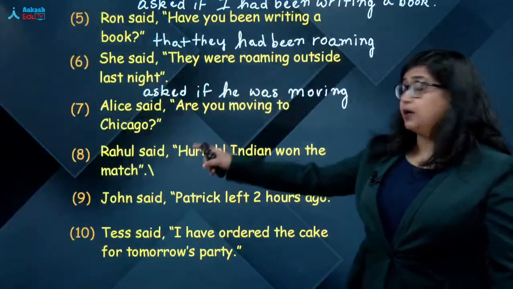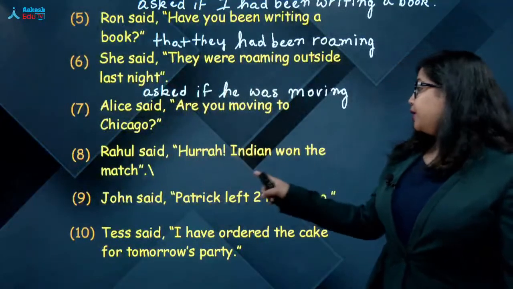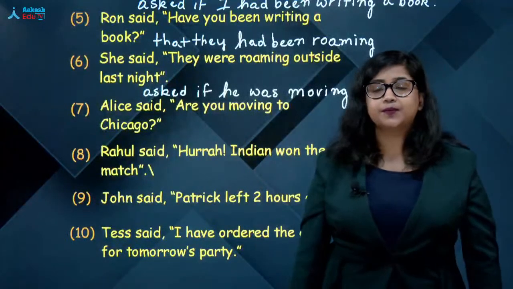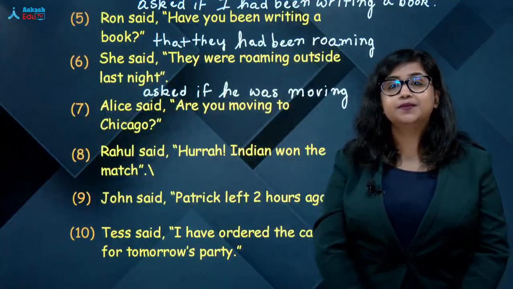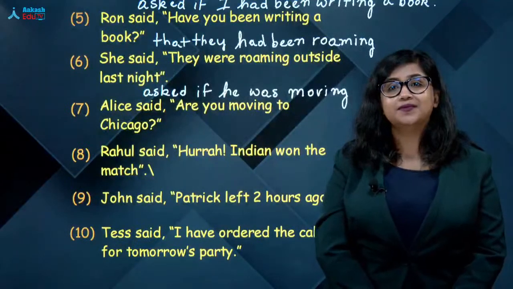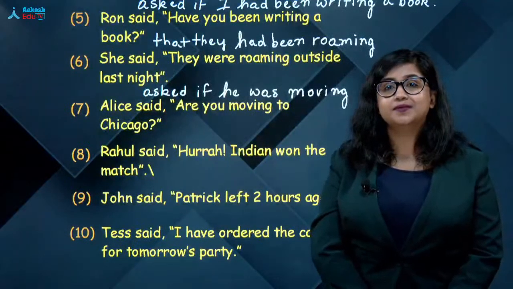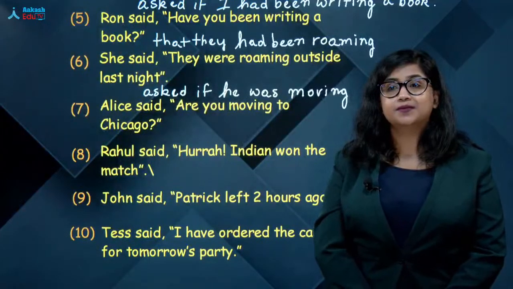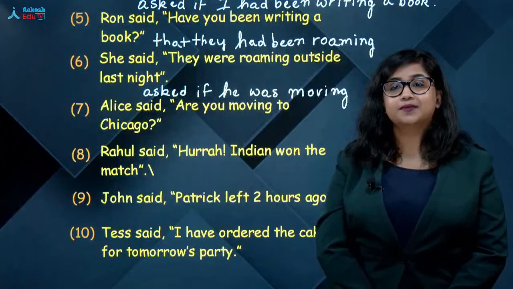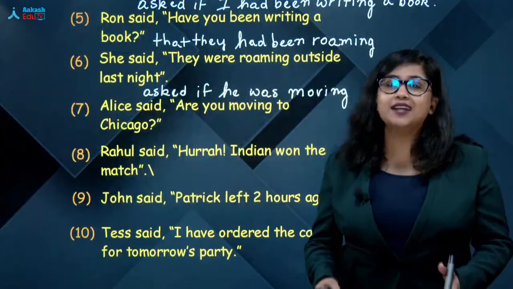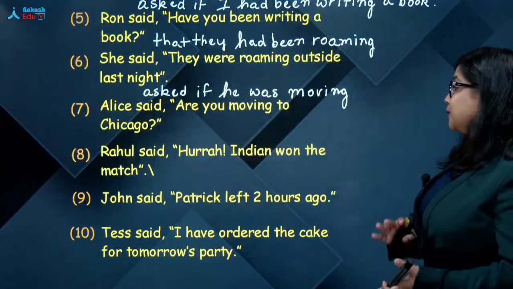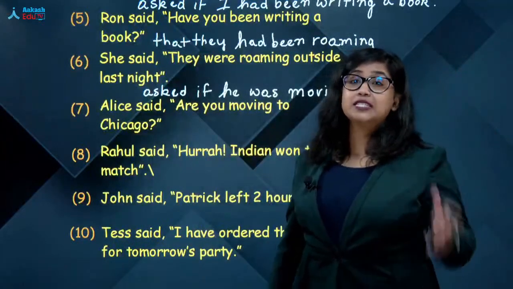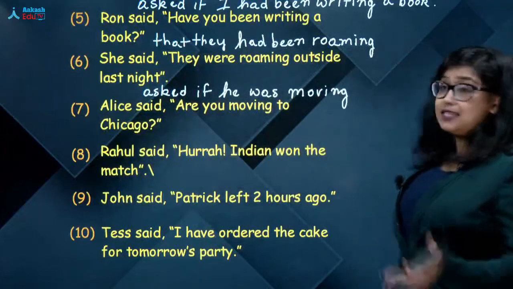Alright, next one. Rahul said, "Hooray, India won the match." Go ahead and change the sentence. Well done, guys. Very well done. Absolutely correct. So, here you can see the sentence begins with hooray, which is an exclamation, right? It is an interjection.